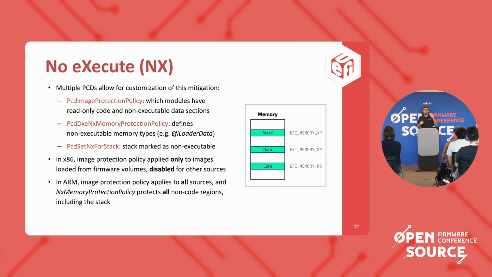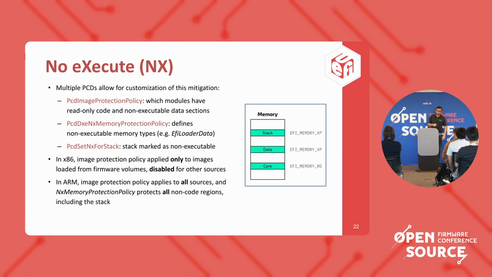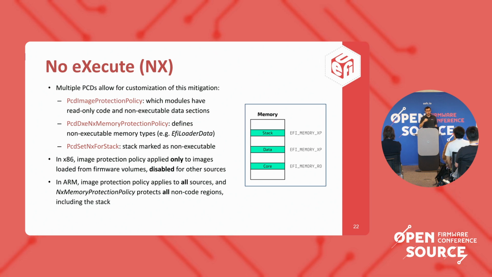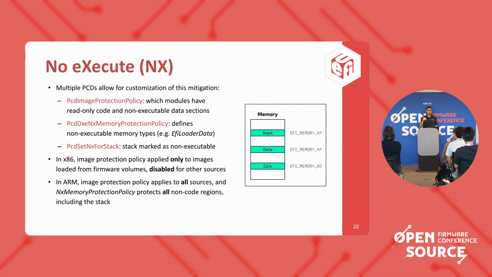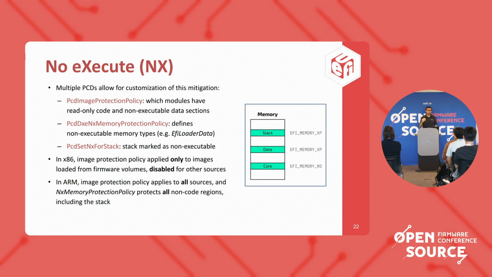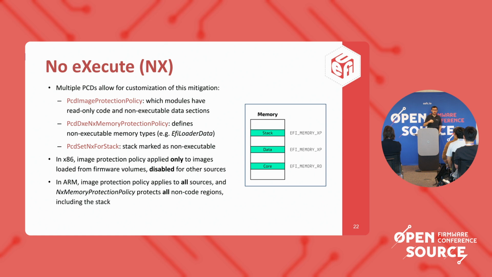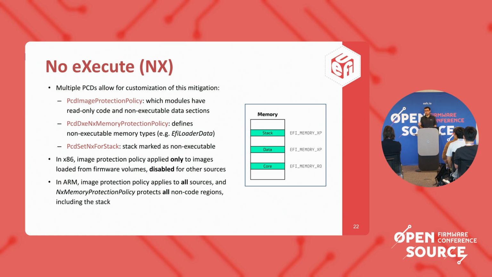So there is great support. Once again, the defaults were suboptimal, in the sense that for x86 the reference implementation was protecting only images loaded from firmware volumes, and it was disabled for all the other sources.